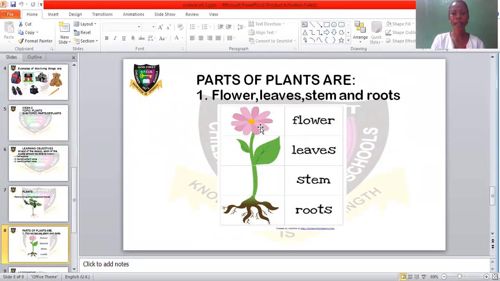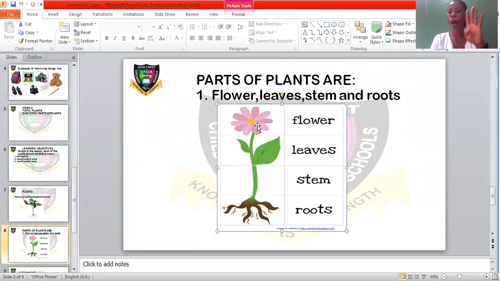The first picture here is the flower. It is purple. Can you see the picture? Yes, that is the picture of a flower. The flower comes first. Remember, we have 4 parts of plants.